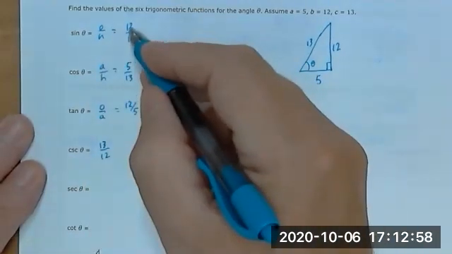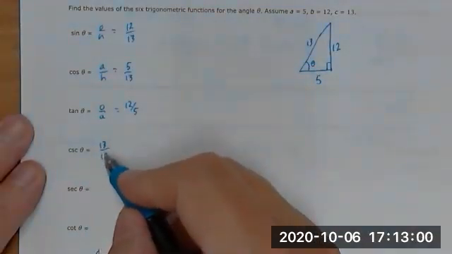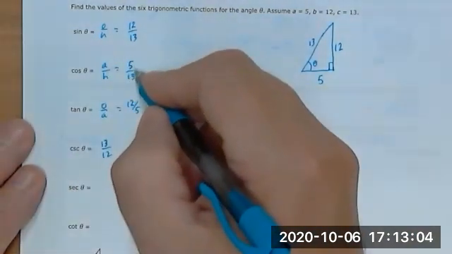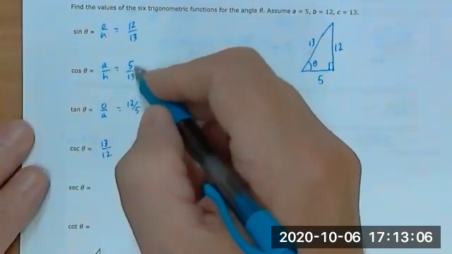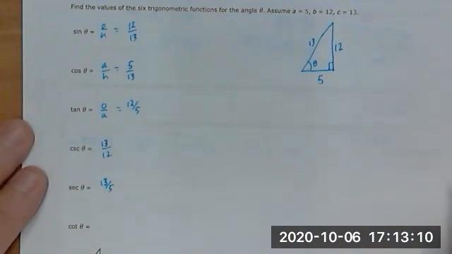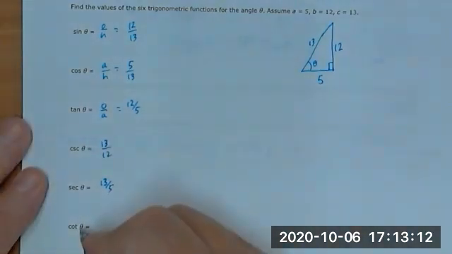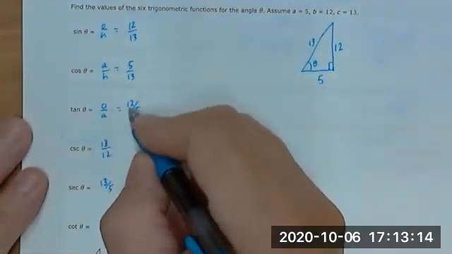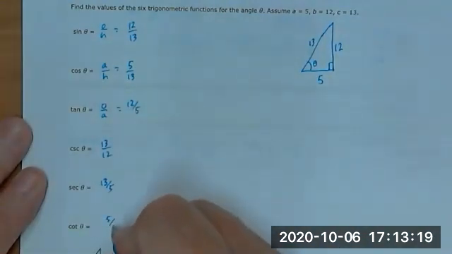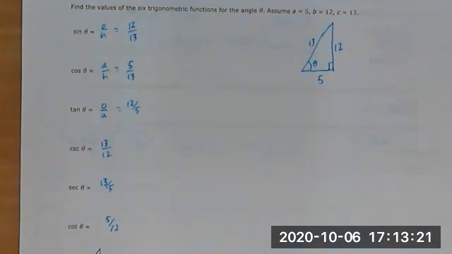So if the sine of theta is 12/13, the cosecant is 13/12. The cosine and the secant are sort of paired up. If I take the reciprocal of the cosine and flip the top and the bottom, then I get the secant. And cotangent is just the reciprocal of the tangent. So if tangent is 12/5, the cotangent is 5/12. And I really don't have to even look because those are so straightforward.